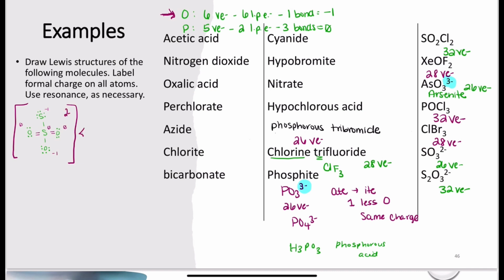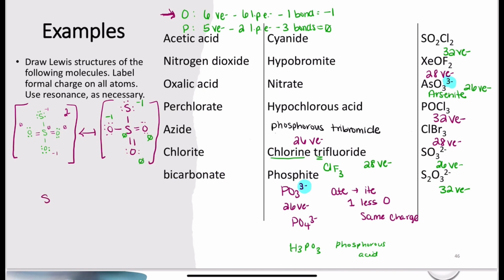Overall, I still have my 2 negative charge. But I could have said double bonded to this oxygen and this oxygen. Sulfur negative 1, negative 1, 0, 0, 0.